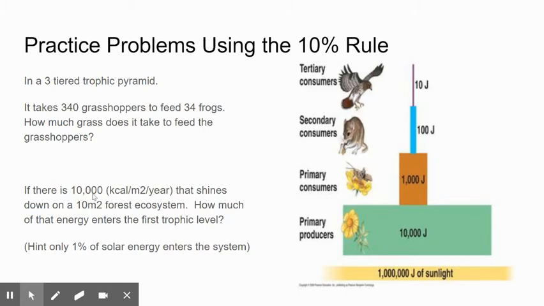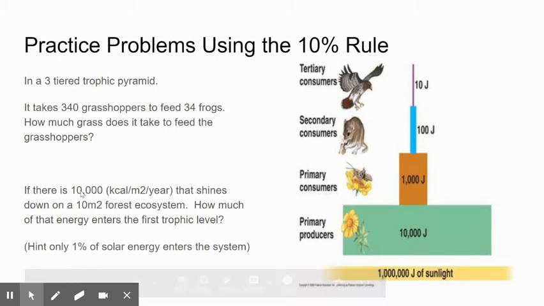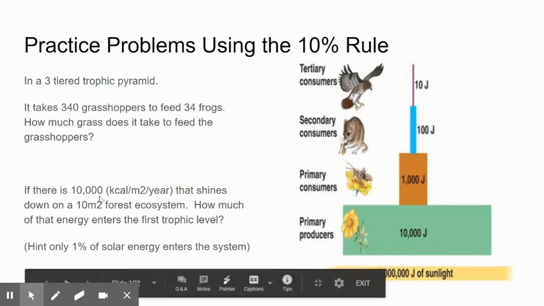It shines down on a 10 meter square forest ecosystem. How much of that energy enters the first trophic level? Well, let's look at this. This is crazy. First off, we get 10 per meter square, so we have to multiply this 10,000 by 10, so we're going to add a 0 here.